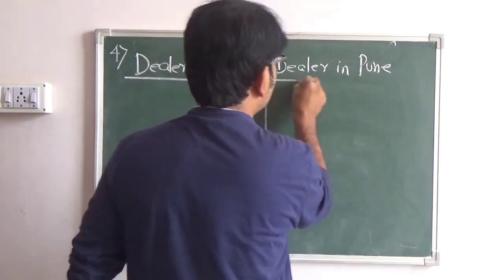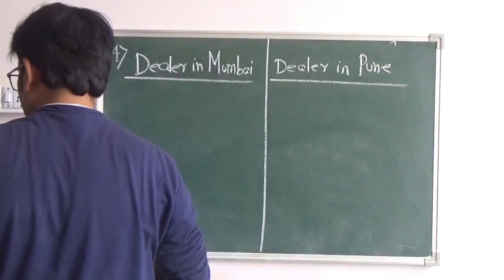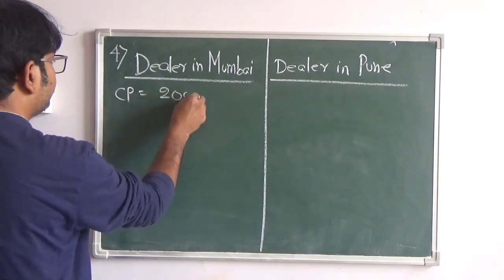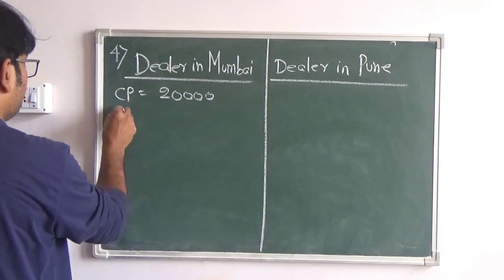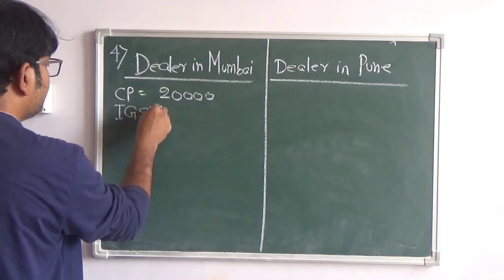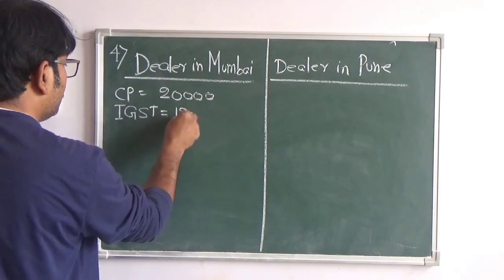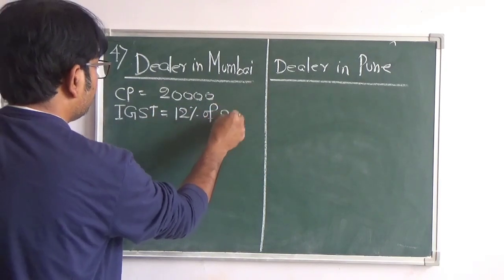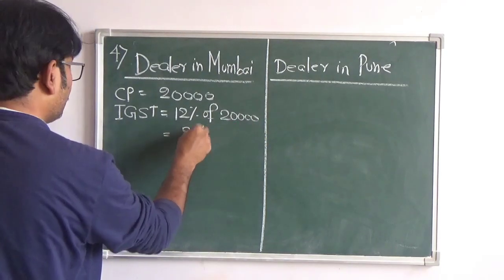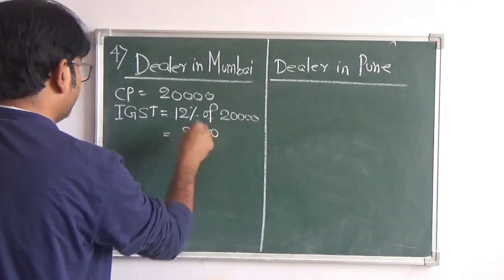If you look at the question carefully, for the dealer in Mumbai, the CP is equal to 20,000, and since it is interstate, IGST is applicable, which is 12% of 20,000, and that comes to 2400.